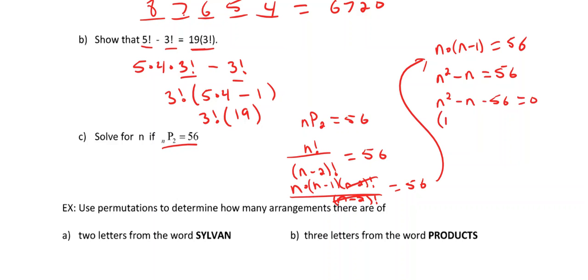So we get n minus 8 and n plus 7 are equal to 0. Oh, sorry, plus 7, my bad. So in the end here, n is equal to 8 and negative 7. But we know that's not true, right? It can't be negative 7. So our only real answer here is n is equal to 8.